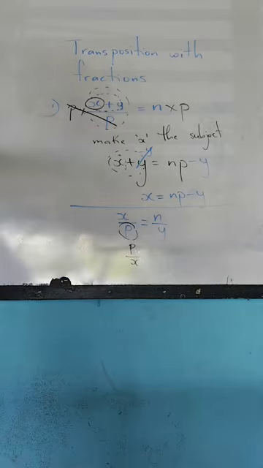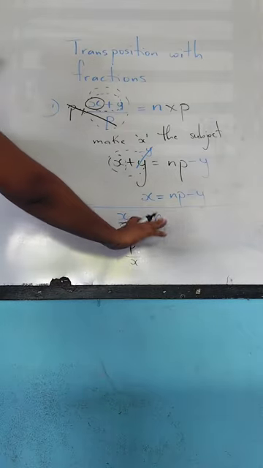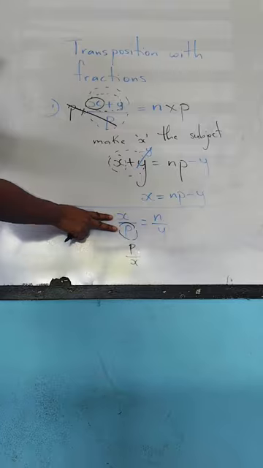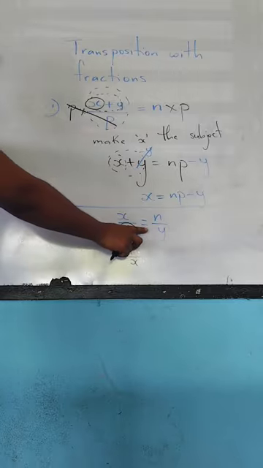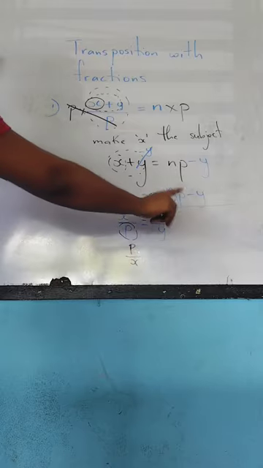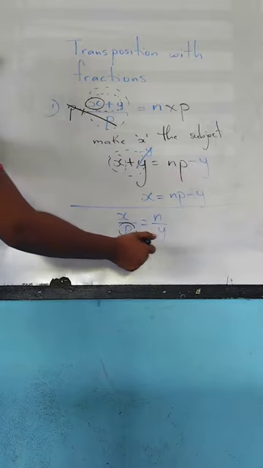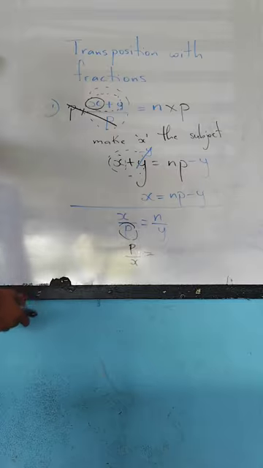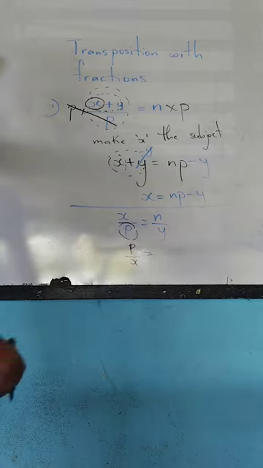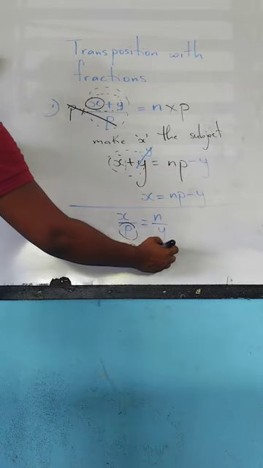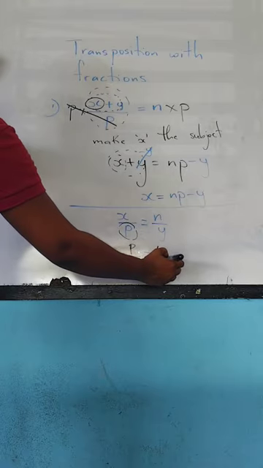But if I manipulate this statement by flipping this fraction, because it was an equation, it was equal to what was over there. It means that if this side is flipped, in order to maintain that equality, the other side must be flipped. So p over x is now equal to y over n.